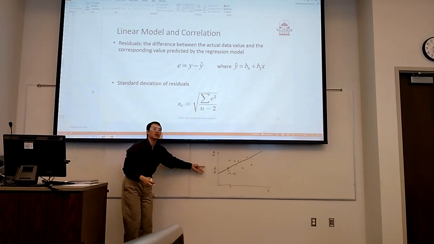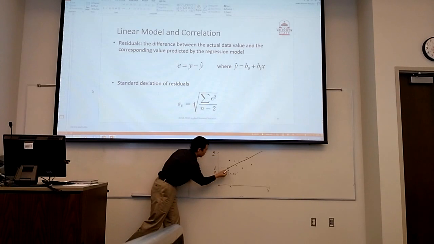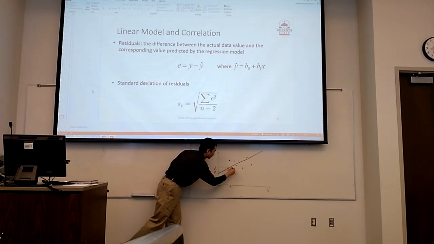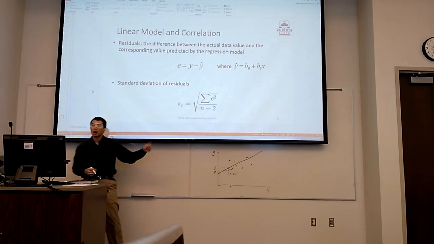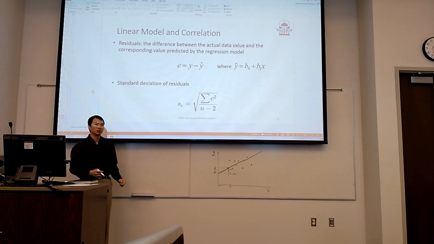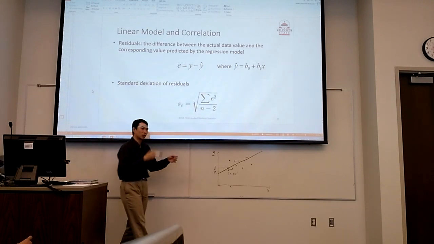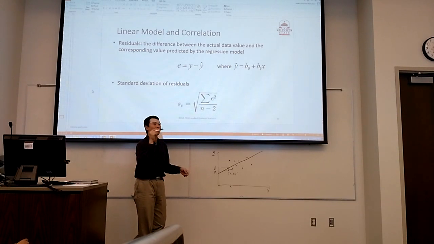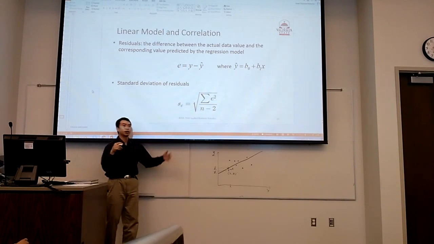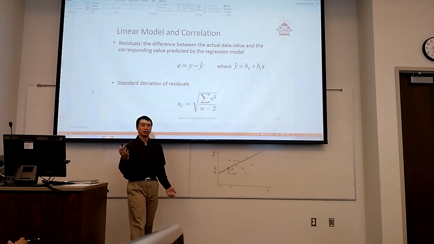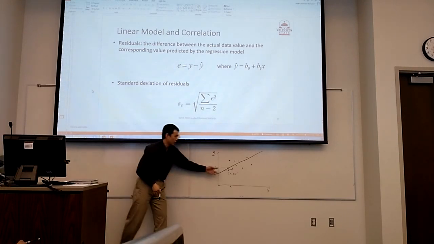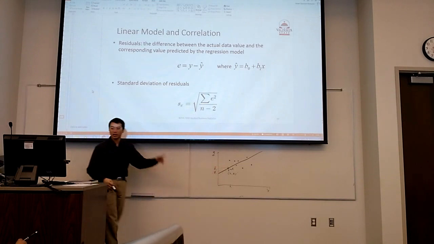So there's a difference. This difference is your residual. That's the residual: y minus y hat. Let's make sure it's y minus y hat, not y hat minus y. That's why your residual could be positive or negative. So that's the residual.